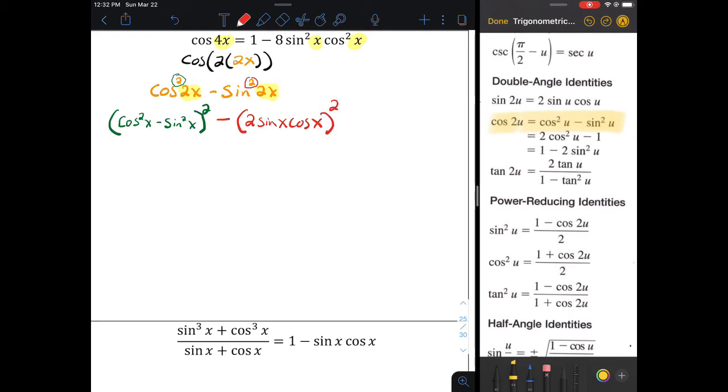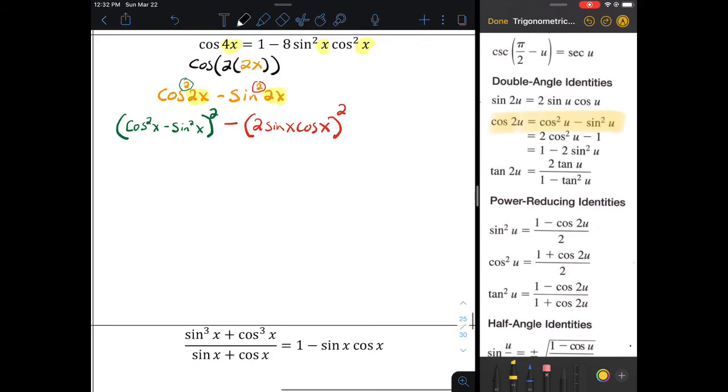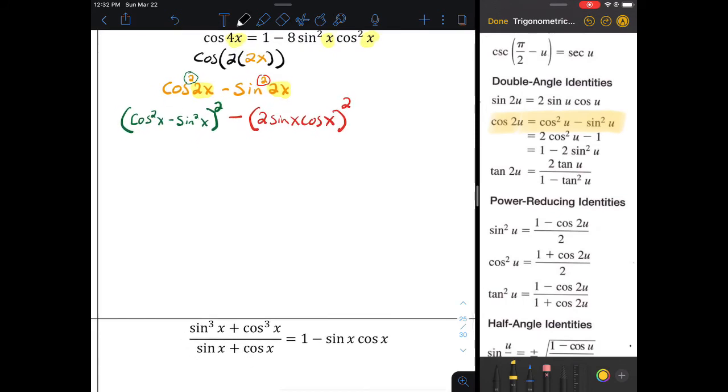Now to proceed from here, I would say let's completely multiply everything out and see where that gets us. So I do that, and I start multiplying it out. And sometimes things get worse before they get better, especially if we don't always take the ideal approach, or the best first step.